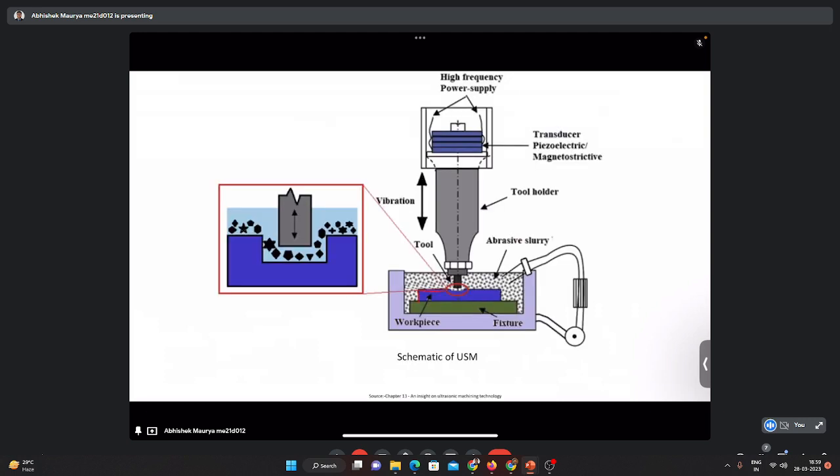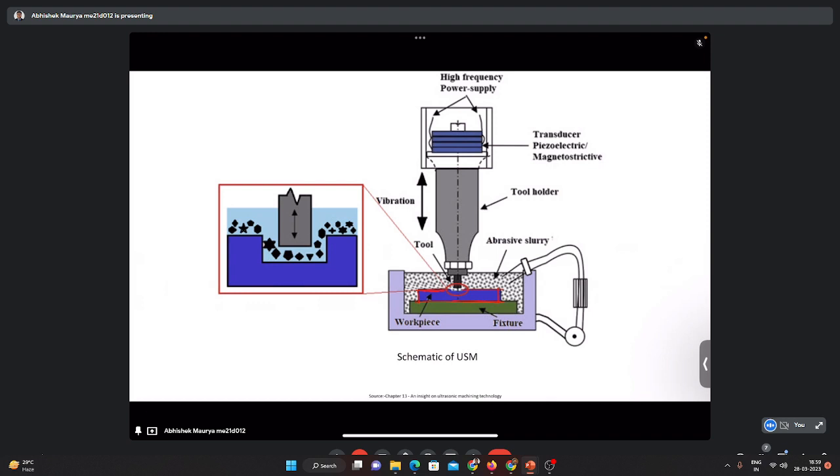This is the schematic of the ultrasonic machining process. Here we have a workpiece, and we want to create some profile over it.